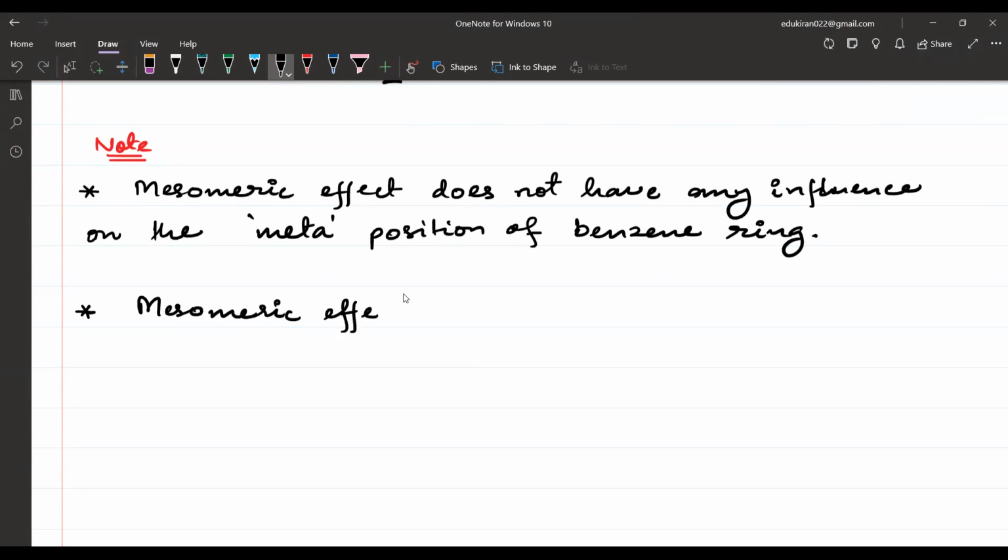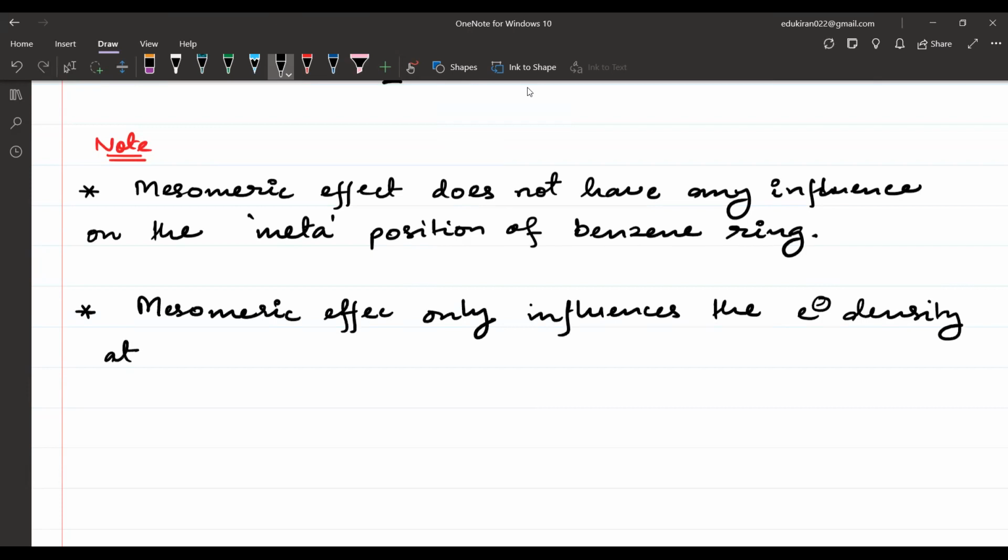Mesomeric effect only influences the electron density at ortho and para position.